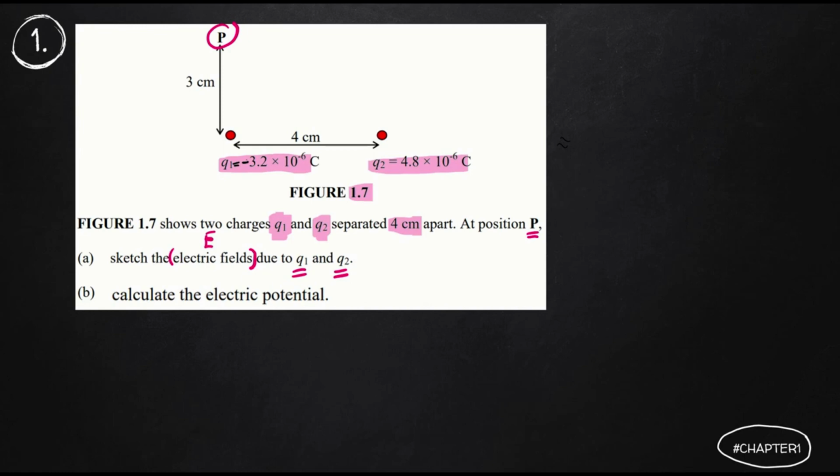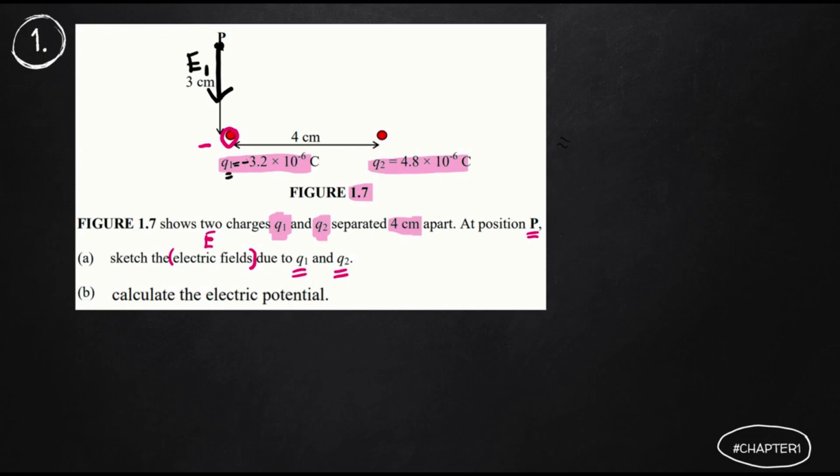To do the sketching, we have a negative charge here for the first charge Q1. Negative means that from point P, the electric field will be going inwards. So this is labeled as E1, as we have Q1 here.